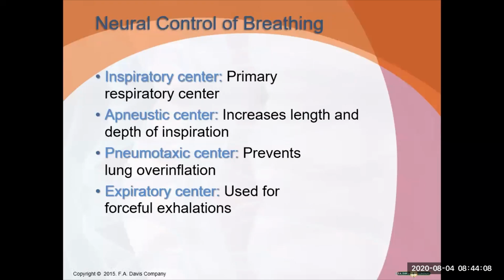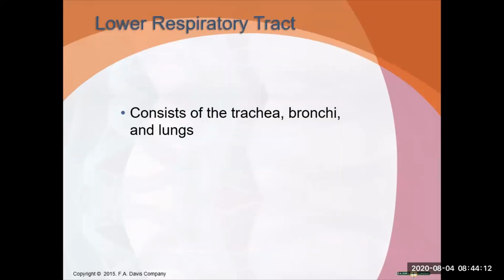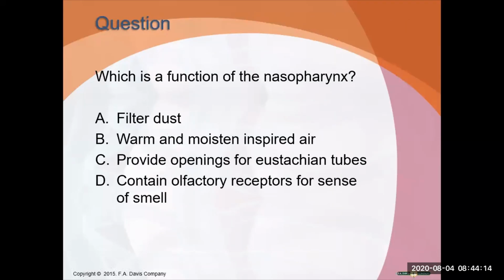And let me see if I can find it again on the slides. There it is. And we remember that the answer is C, to provide openings for the right and left eustachian tubes.